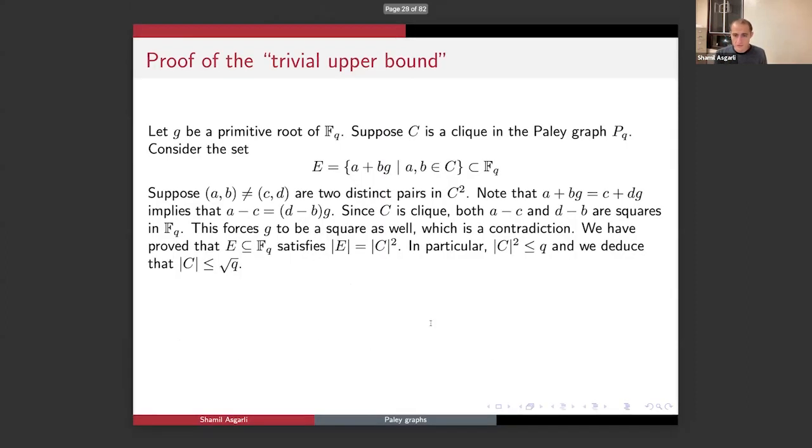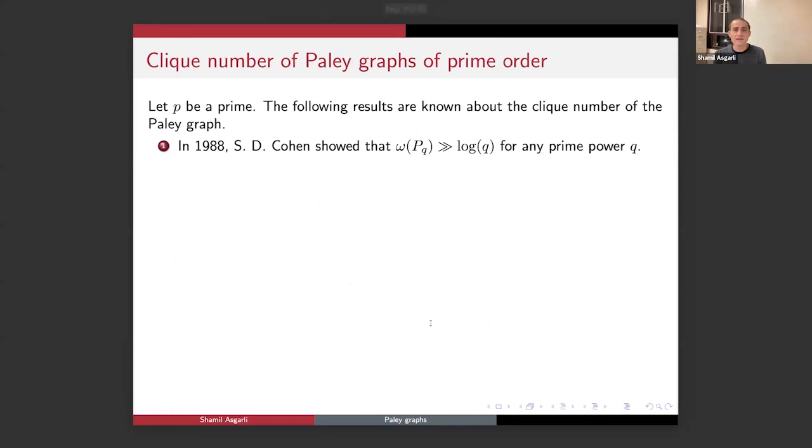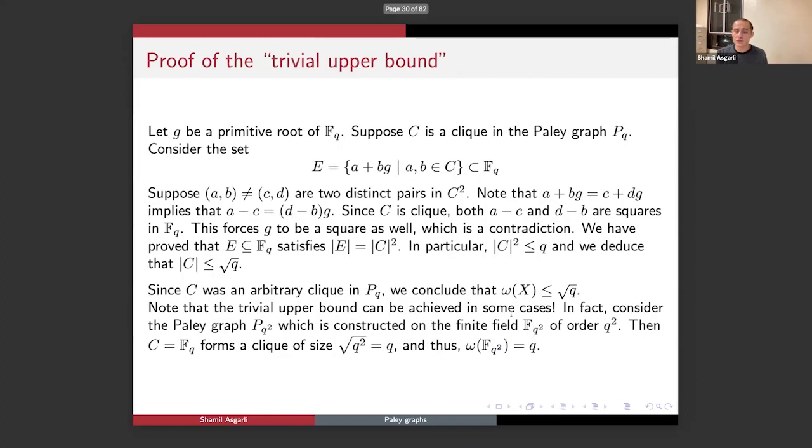Okay, so now let me tell you what we know about the clique number of Paley graphs of prime order. So again, here we're looking at primes, and I will mention some general results that are true for any prime power. So what do we know about the clique number? So I already showed you the trivial upper bound. So the clique number of an arbitrary Paley graph of order Q is at most the square root of Q. But what about lower bounds?